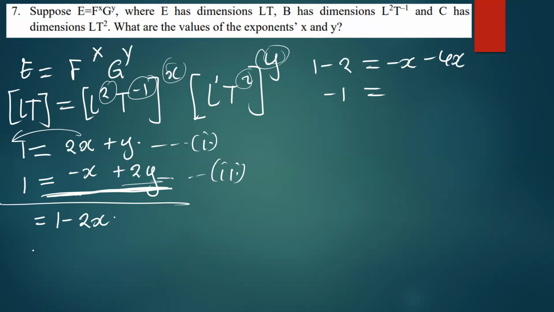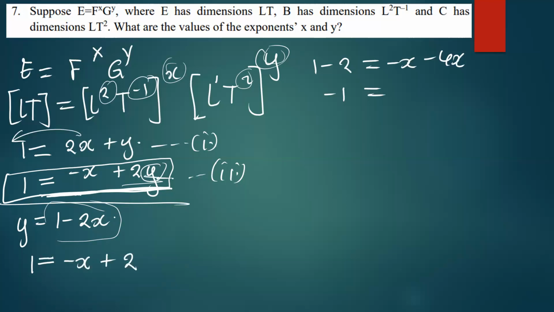So we got the first equation. We made y the subject of the formula. After getting the first equation, you have to get the next equation, which is the second equation, this one. And while there is y there, you replace it with the value of y. So I'm going to get 1 is equal to -x plus 2, but where there is y, I'm going to put this one here, which is 1 minus 2x.